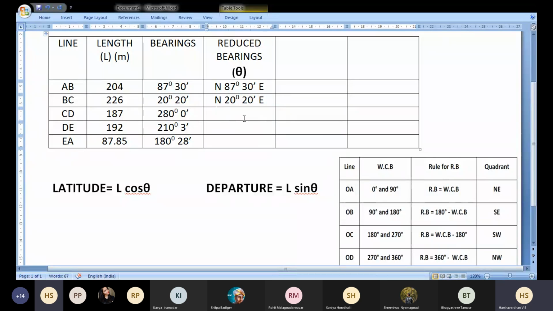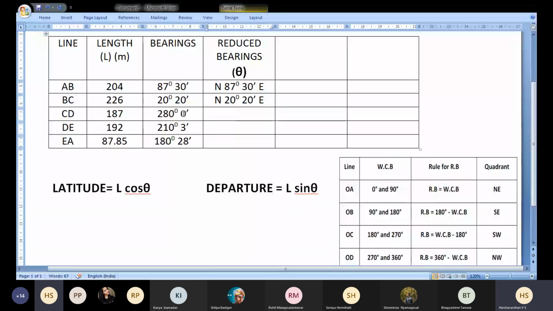For line CD, the whole circle bearing is 280 degrees. So 280 degrees, that is between 270 and 360. So it lies in northwest quadrant. So please tell me what is its reduced bearing? 280 degrees.